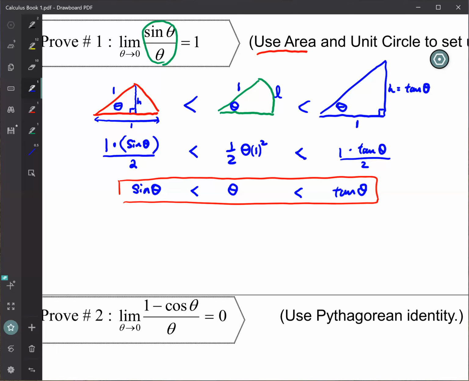Sine theta divided by sine theta. Oh, just one. Yeah, okay. Everything divided by sine theta. The middle one will become theta over sine theta, right? Right side, what do you get? Joan?